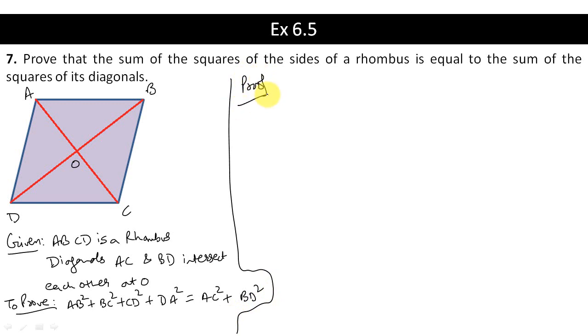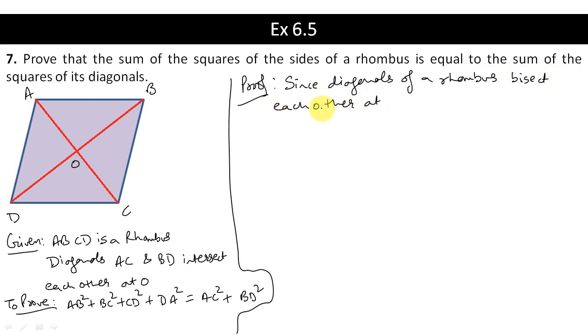We know that diagonals of a rhombus are perpendicular to each other and also they bisect each other. Since diagonals of a rhombus bisect each other at right angles, therefore AC will be perpendicular to BD.